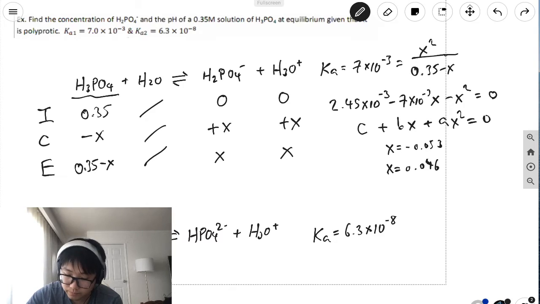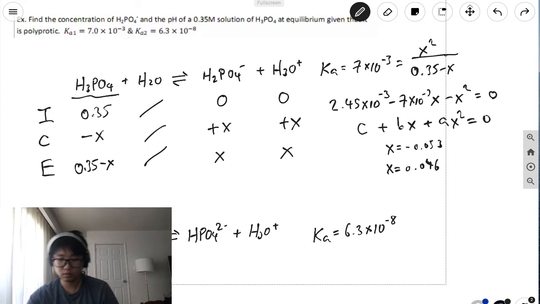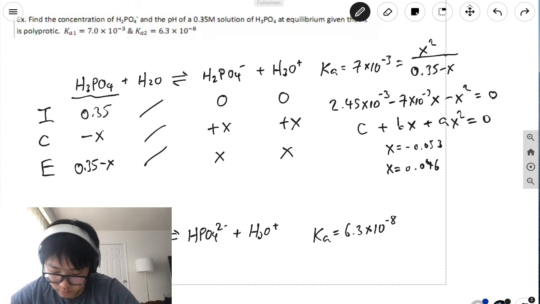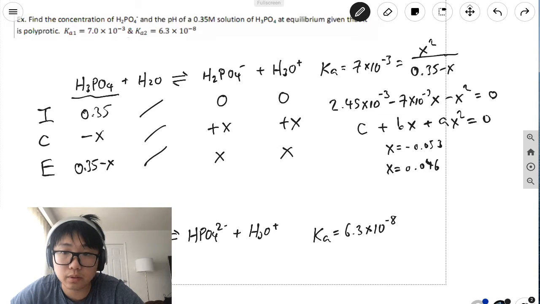Oh, okay. It's a negative. Oh, you just put 1 instead of negative 1. Yeah, so your A should be negative 1. Your B should be negative 7 times 10 to the negative 3, and then your C should be 2.45 times 10 to the negative 3.